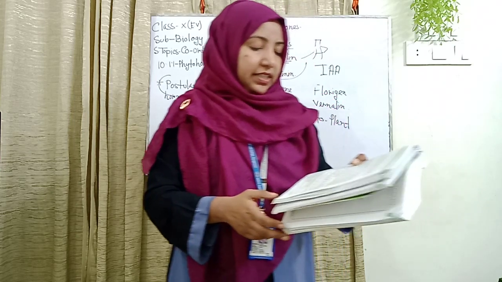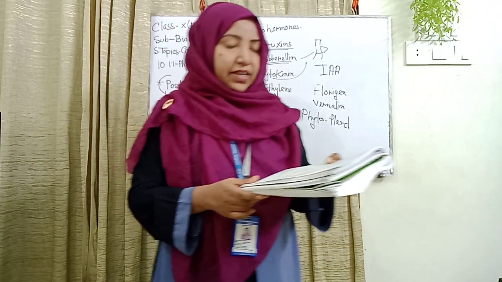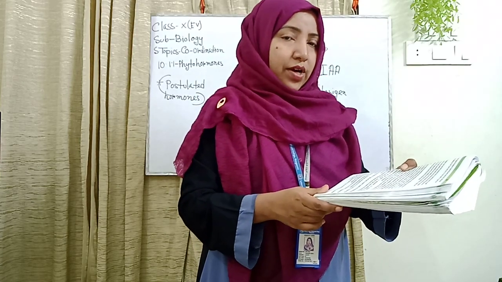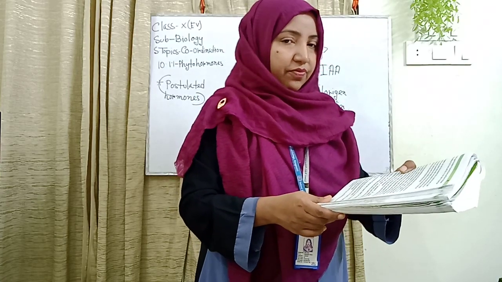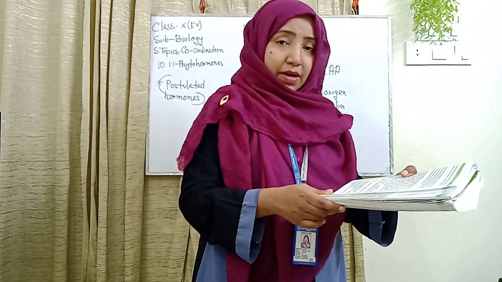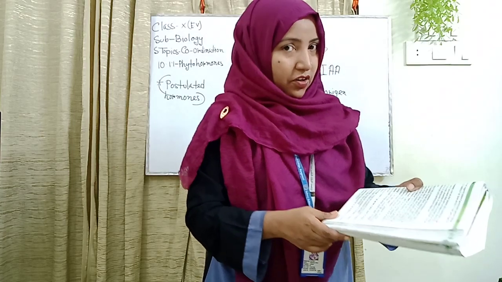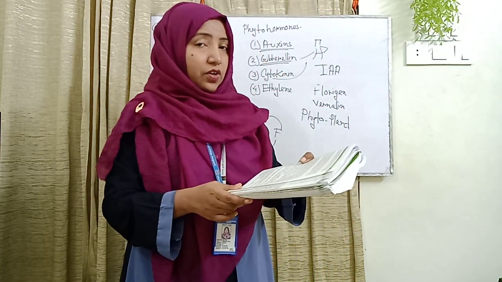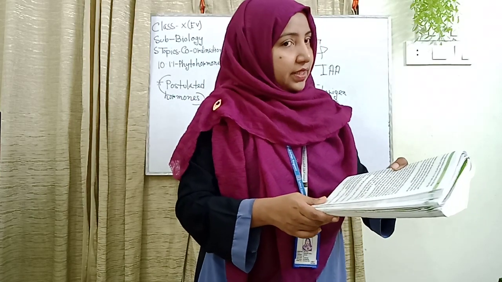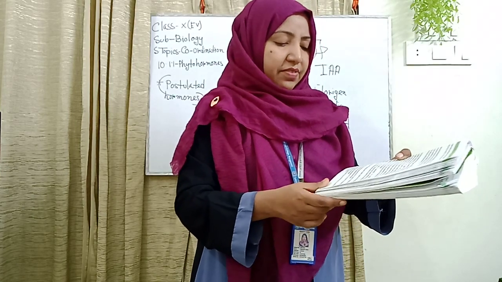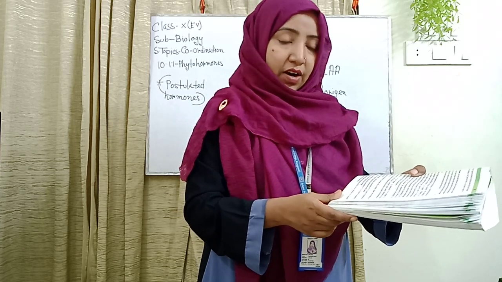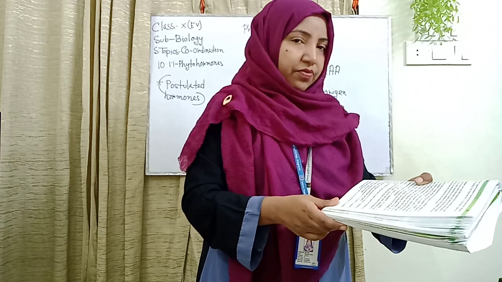Basically, first structure is the short day plant. An average daily photoperiod of 8 to 12 hours is required for flowering. For example, garland, chrysanthemum, and dahlia. Long day plant: an average daily photoperiod of 12 to 16 hours is required for flowering.